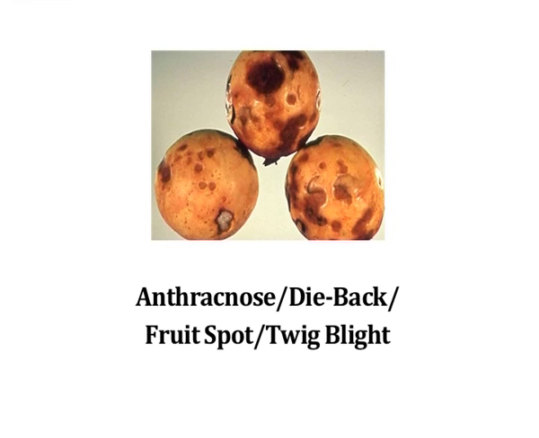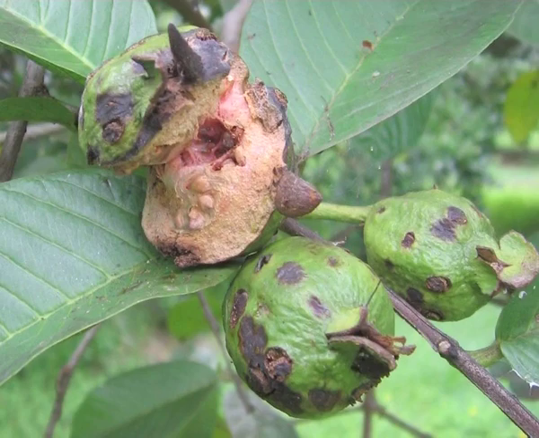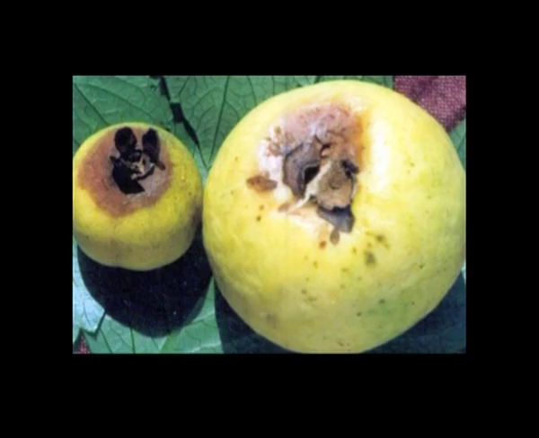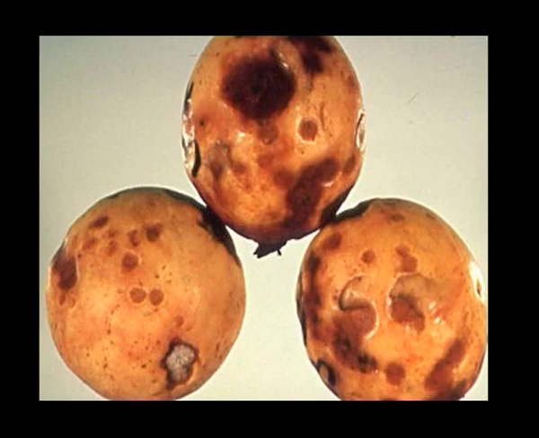Next disease is anthracnose or dieback or fruit spot or twig blight. The infected young shoots, leaves and fruits are readily attacked while plants are tender. The greenish color of the growing tip changes to dark brown and later turns black necrotic, extending backwards.